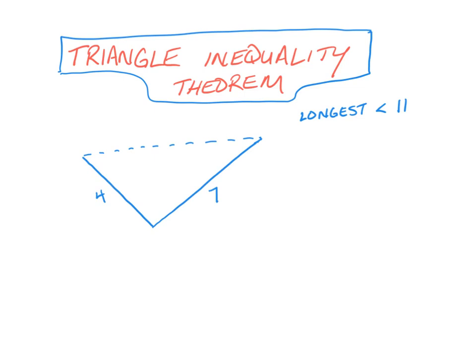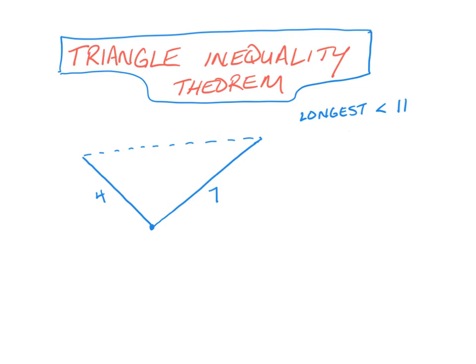You can have 10.9, it's going to be a really flat triangle, but it would make a triangle. But once you hit 11, it can't be a triangle. It'd be too straight of an angle there.